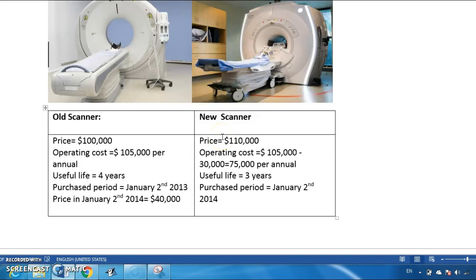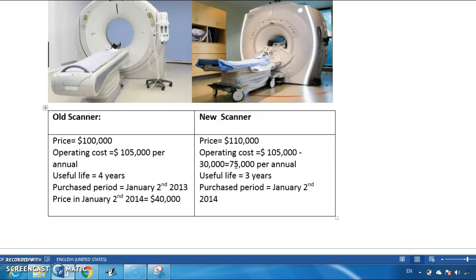The information for the new scanner is this one. These are the important information that you need to consider for the new scanner. The price of the new scanner is going to be $110,000, and the operating cost is going to be $105,000 minus $30,000. The question says that it will save the hospital $30,000 in operating expenses if the hospital agrees to replace the scanner, to buy the new one.